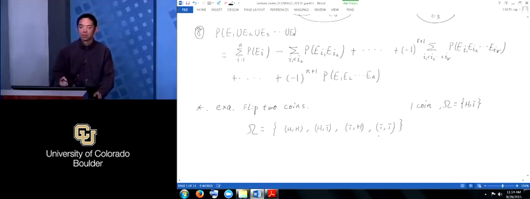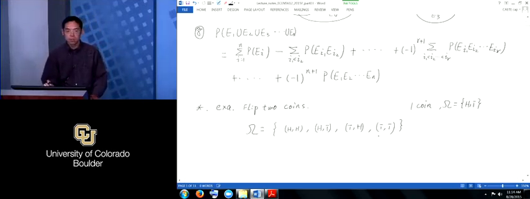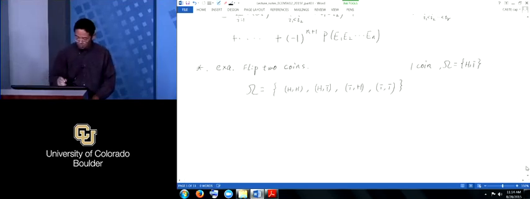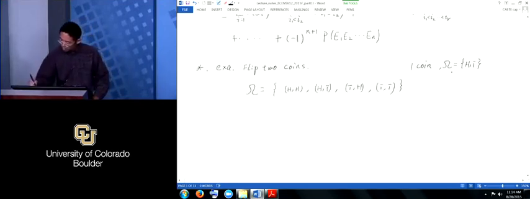So I need to change them to vectors. When you have multiple experiments, you should construct an overall probability space with the sample space including all the experiment outcomes. And for one coin you have this.